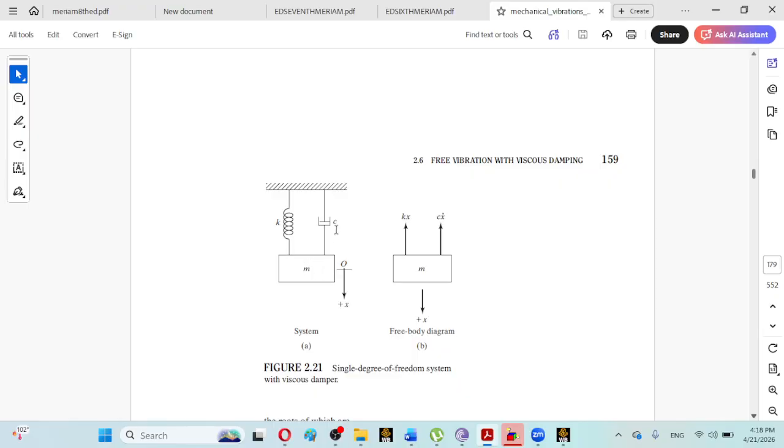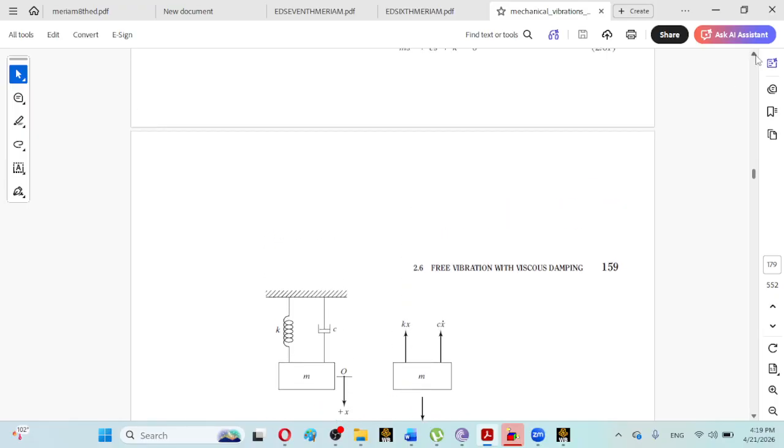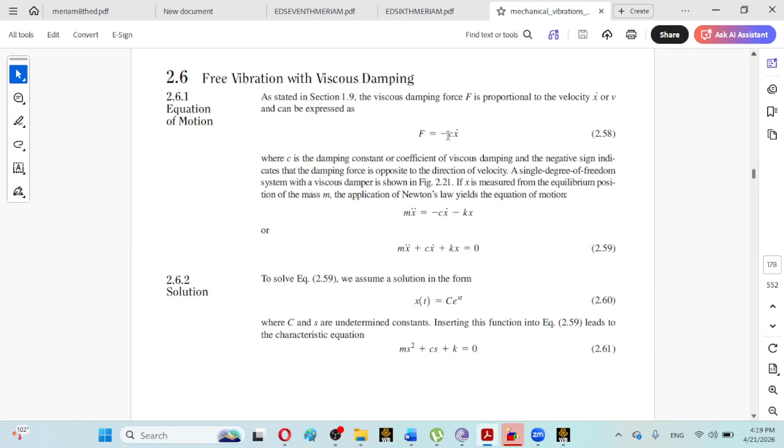For the magnitude of the damping force, we have already learned the definition in the first chapter: the damping force is proportional to the damper velocity, meaning the velocity with which this piston and cylinder system moves relative to each other, and depending upon the viscosity of the viscous fluid used, the damping will increase or decrease. So the damping force is directly proportional to the damping velocity and is directed towards the equilibrium position.